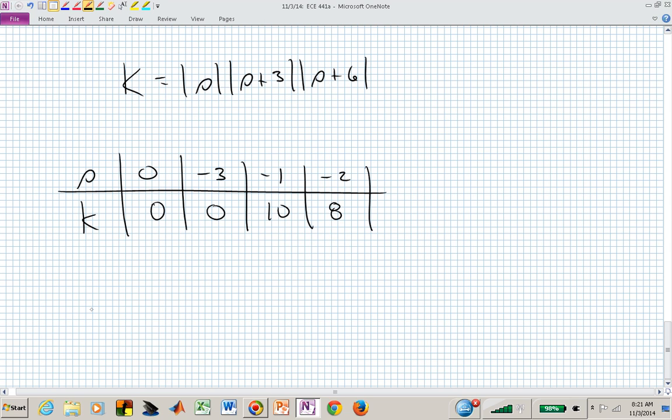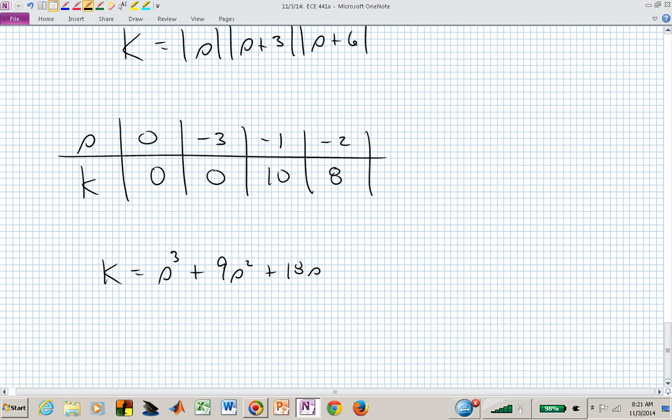Let's just look at K being s cubed plus 9s squared plus 18s. So I multiply the last two, and I get s squared plus 9s plus 18, and then I just multiply by s. That is hopefully the expression for K.